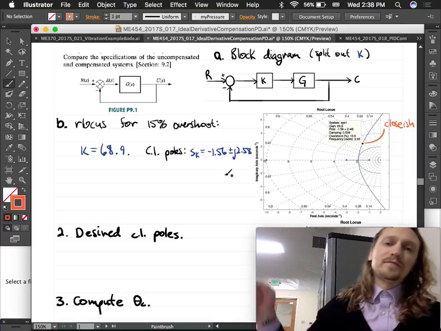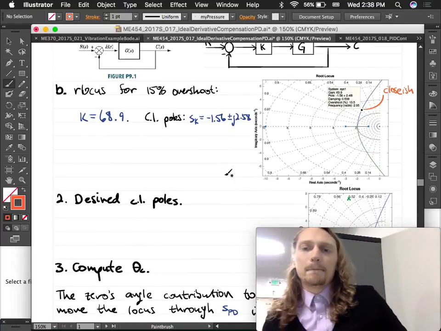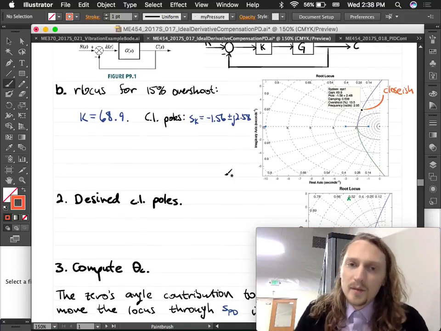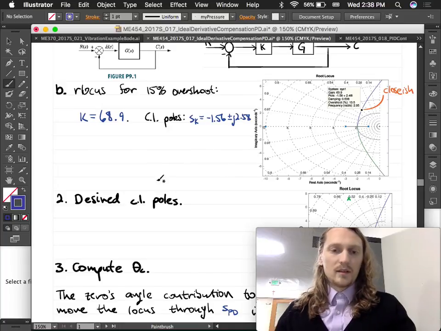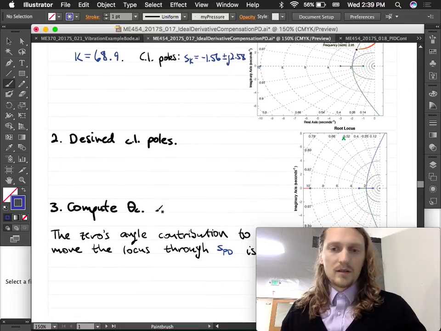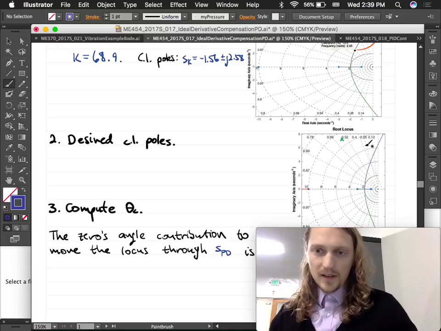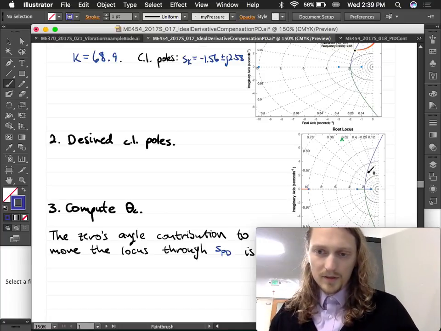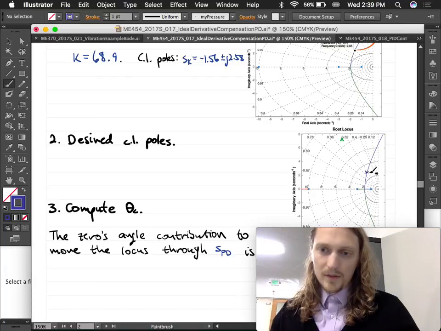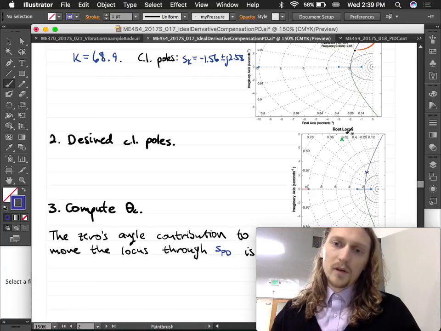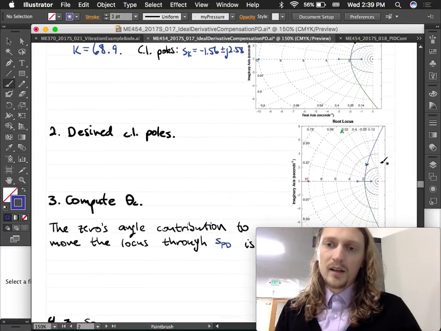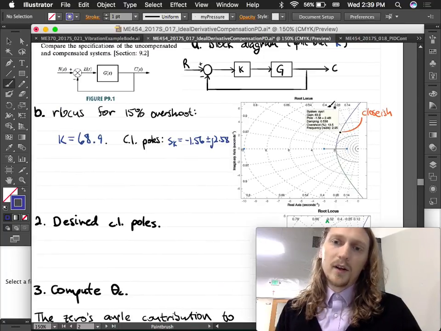So our desired closed loop poles are going to be out here, like triple the distance. That was our original one, and we want to go out here. I think I know what I was showing.